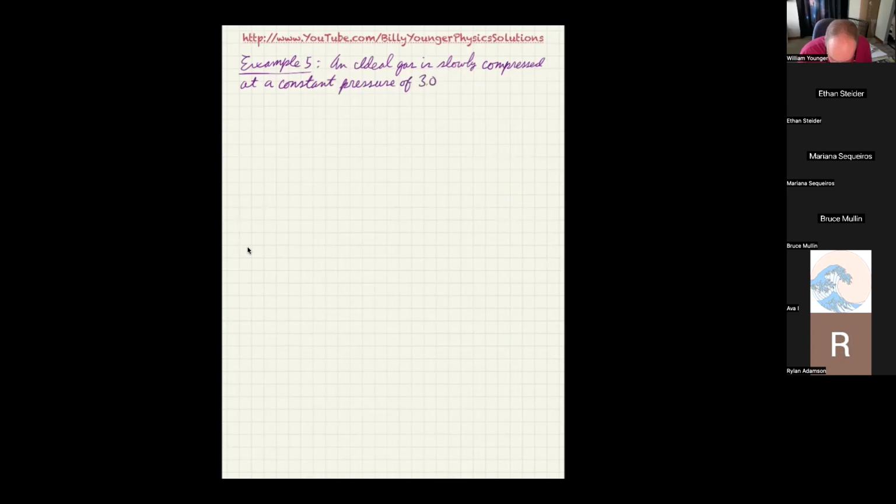of 3.0 atmospheres from 10.0 liters to, let's say, 1.50 liters. This process is represented by basically the graph we just did.